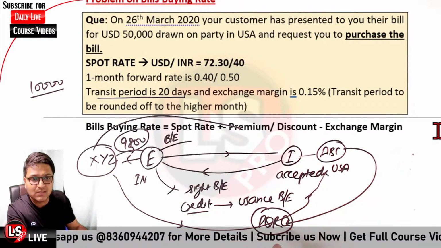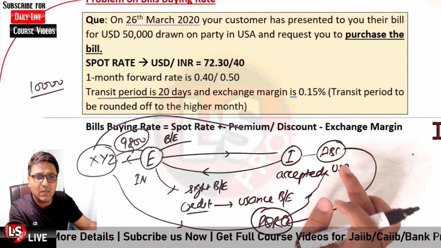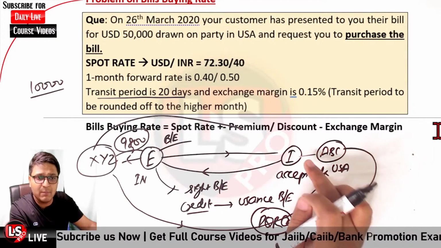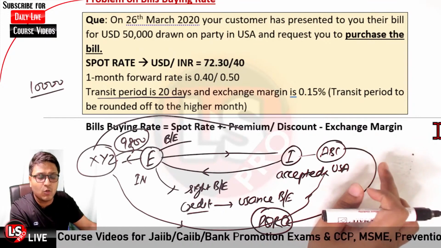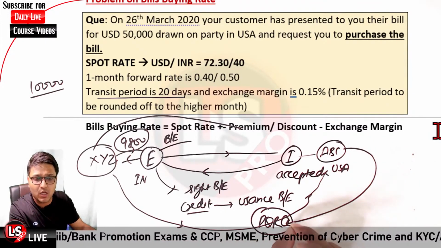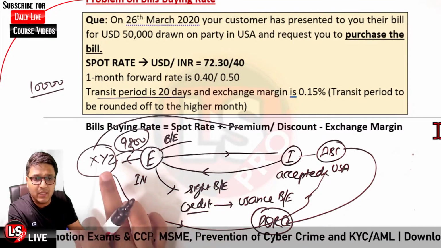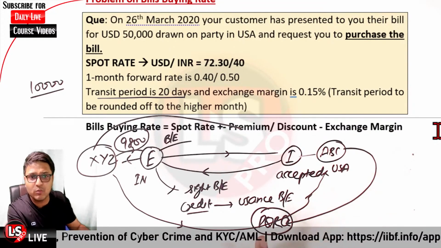Once the correspondent bank presents the bill to ABC, ABC, that is the banker of the importer, has a liability and obligation to pay the amount. The amount will be credited to the nostro account of the PQR. The time period between the bill being presented and the nostro account of the bank being credited is said to be the transit period.